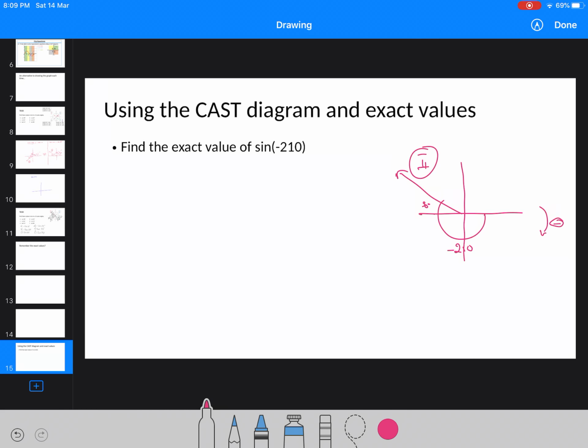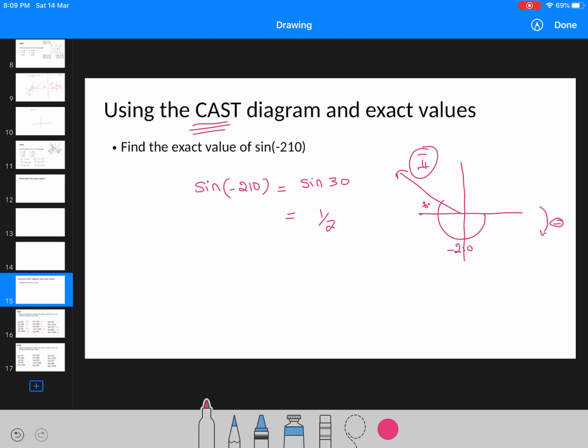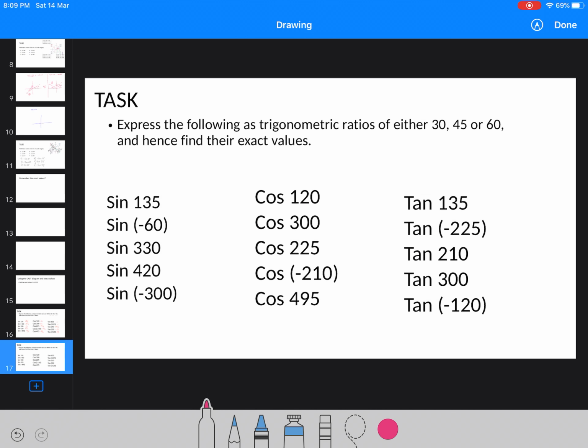So the angle that I got is in the second quadrant, and from the CAST diagram, I know that sine in the second quadrant is always positive, which means sine minus 210, with respect to its acute value, will be equal to sine 30, which in this case is equal to half as a positive value.